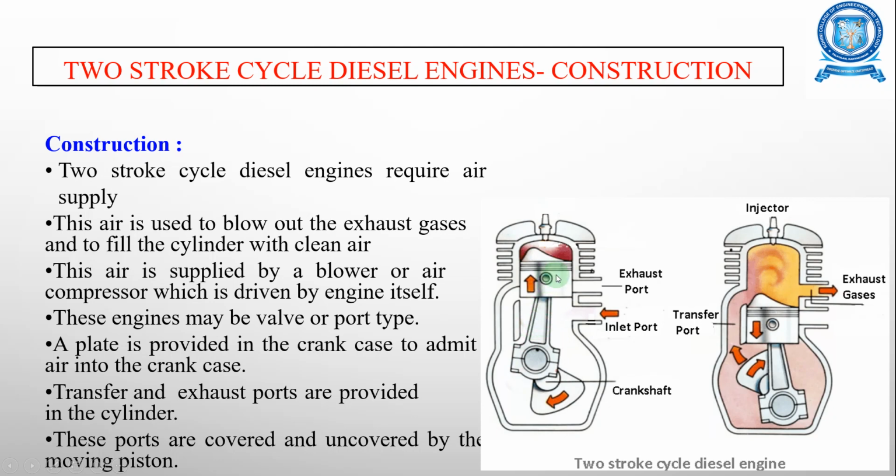The small end of the connecting rod is connected to the piston, and the big end is connected to the crankshaft. Since it's a two-stroke engine, you have the inlet port, exhaust port, and the transfer port. In the second figure you can see the transfer port.